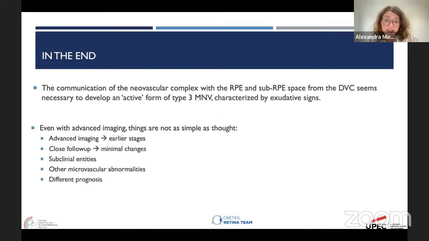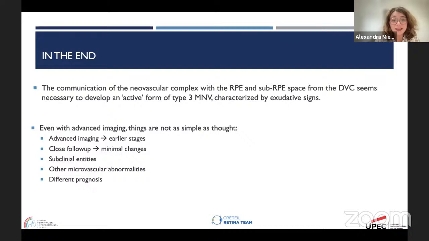And with advanced imaging, actually things are not as simple as we thought, because when we have advanced imaging and access, for instance, to multimodal imaging, conventional angiography, OCT angiography, we will detect earlier stages, we will perform closer follow-up, which will help us to detect minimal changes, but minimal changes we will not be sure of if these are really exudative changes or not.